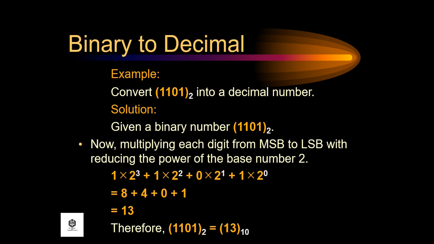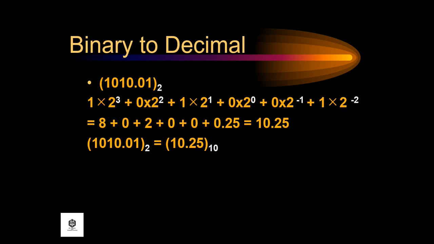The answer will be 8 plus 4 plus 0 plus 1, which is equal to 13. Therefore, 1101 binary is equivalent to 13 in decimal.